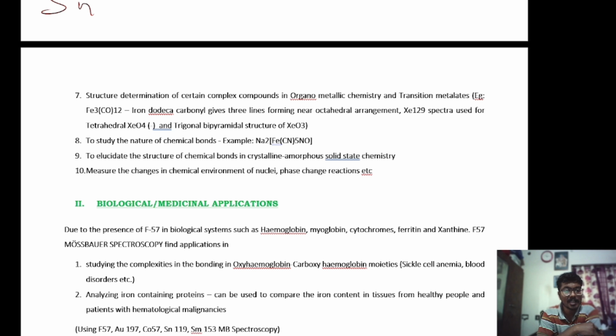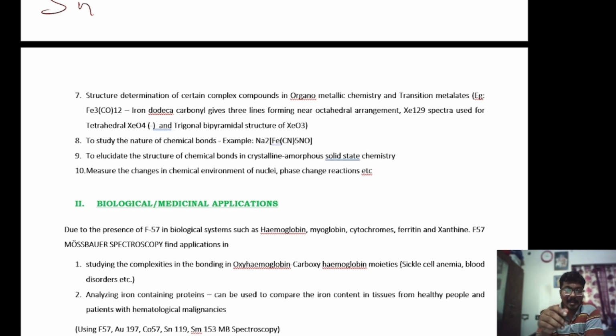The eighth application is to study the nature of the chemical bond in sodium nitroprusside. See the chemical formula of sodium nitroprusside, where one of the cyano ligands is replaced by a nitroso, NO group, right? We have already learned that Mössbauer spectroscopy can be used to study the bonding in iron complexes. It can be used to predict what kind of bonding exists between that particular ligand and the central metal ion, here iron.